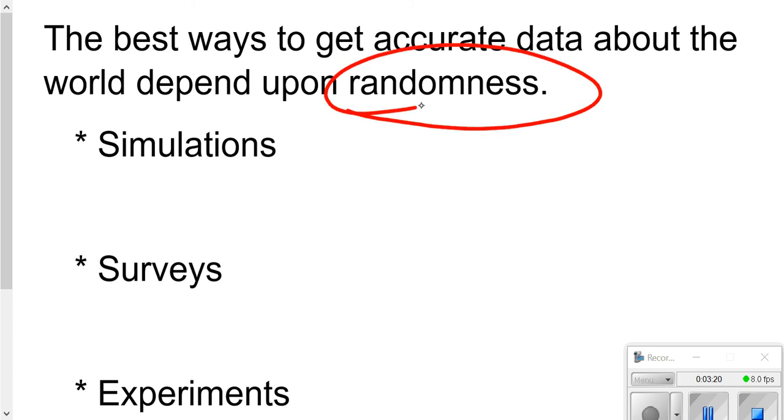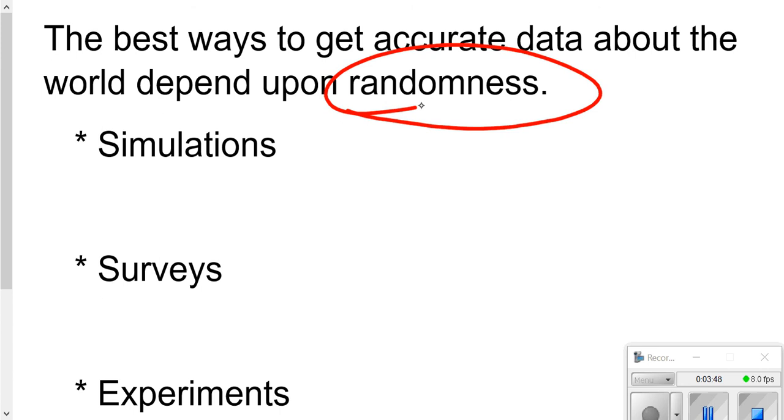And then experiments involve randomness because if we are testing, say, a new medication versus an old medication versus no medication, we want to assign the people who are getting those different treatments randomly. Because if, say, we give the most sick people the medication that we think is going to work best, that isn't really trying it across the full spectrum of patients, okay?